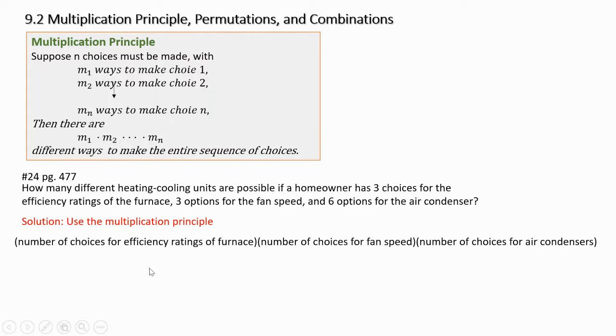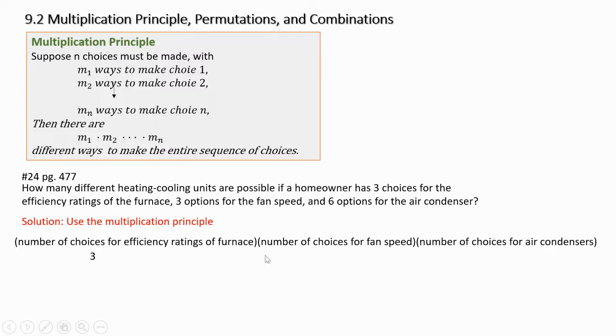Okay. So now, number of choices for efficiency ratings. It's going to be these right here times these right here. That's what I have here. Number of choices for efficiency ratings of the furnace, number of choices for fan speed, and number of choices for the air condensers. So how many choices for the efficiency ratings of the furnace?